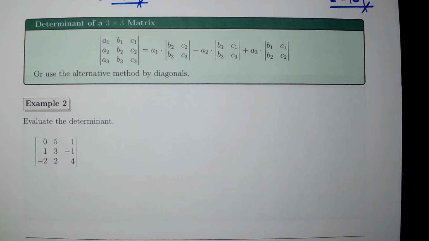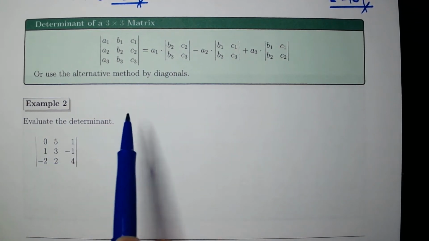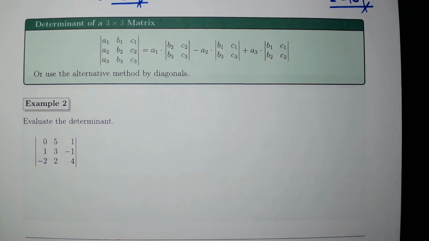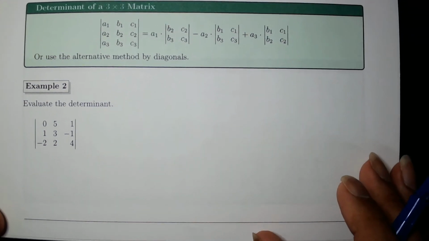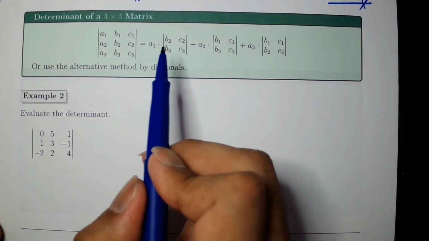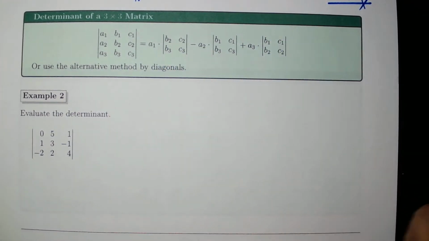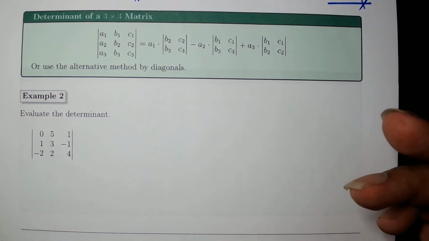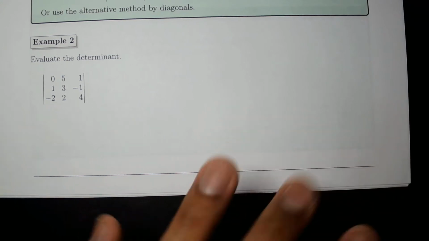The other method is doing diagonals, which is very similar to the one we did when computing the cross product of vectors, and I would rather do that method. If you want to use the formula, just substitute the values b1, b2, all these values, and you should get the same answer. I'm going to do it the other way, by diagonals.